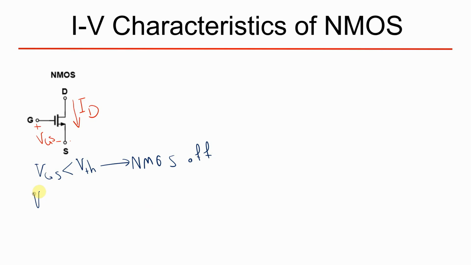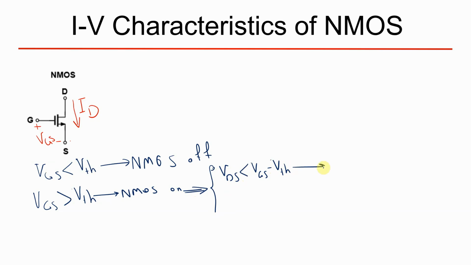But if the gate source voltage is greater than threshold voltage, then NMOS is on, and now we have to check another voltage, which is drain source voltage of this device. If the drain source voltage is less than gate source voltage minus threshold voltage, then the transistor acts in a triode region.